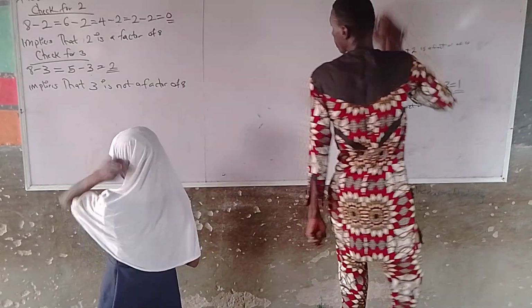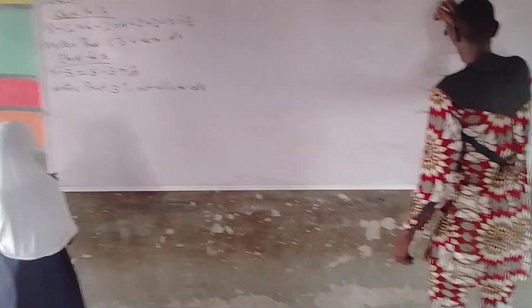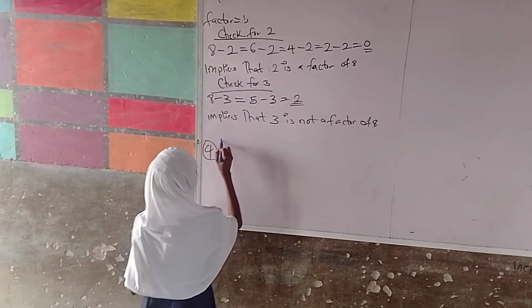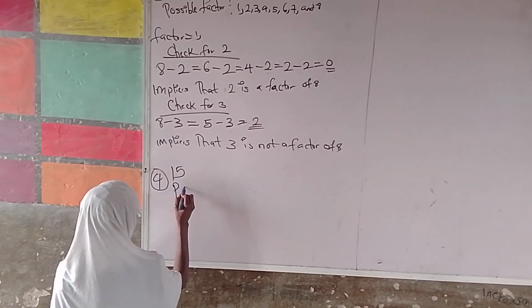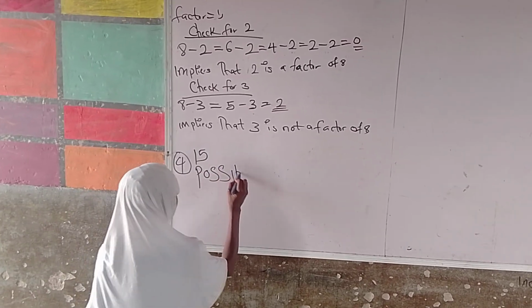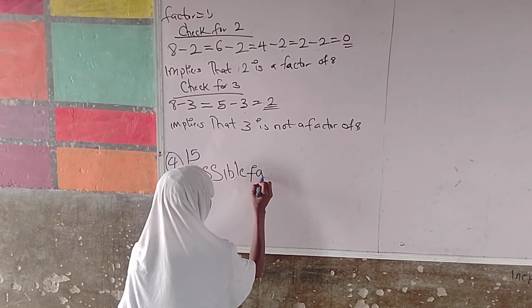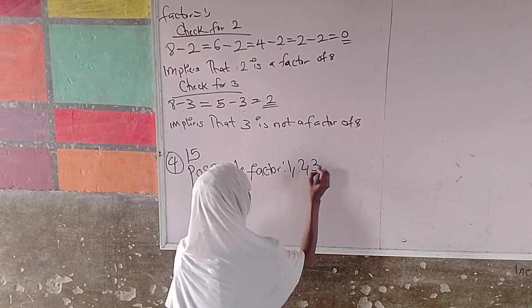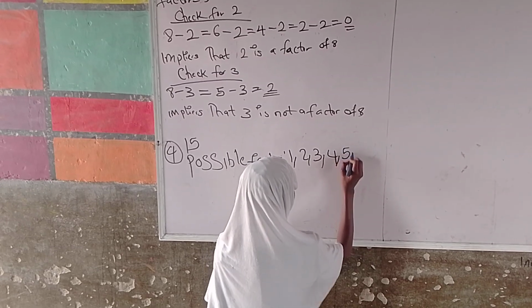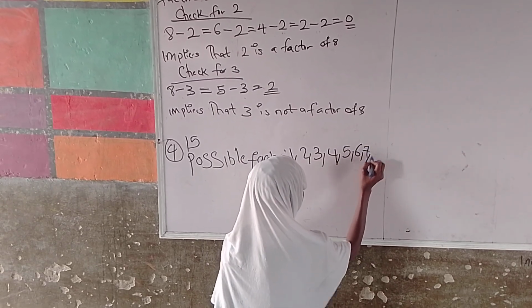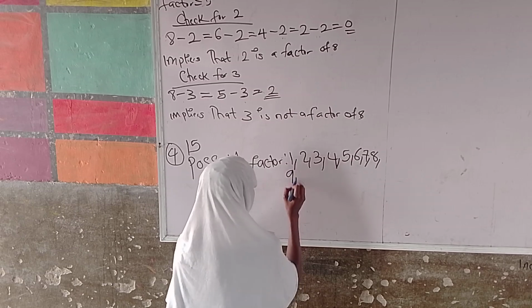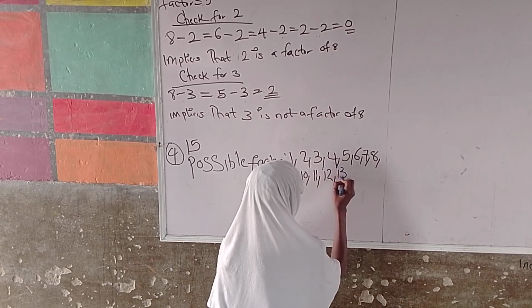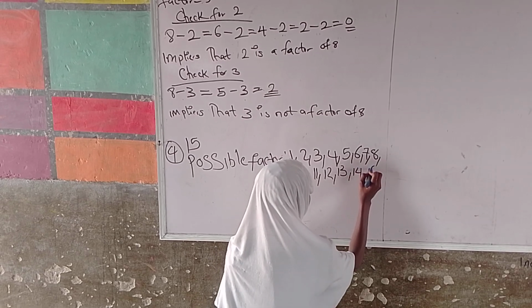Let's take for example the possible factors: 1, 2, 3, 4, 5, 6, 7, 8, 9, 10, 11, 12, 13, 14, 15.